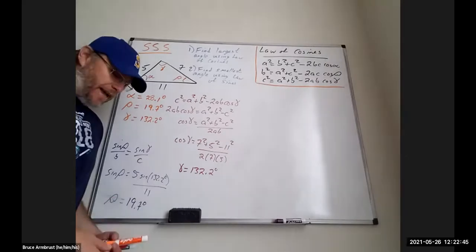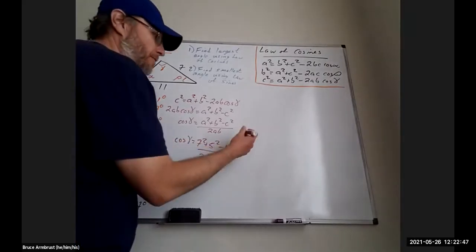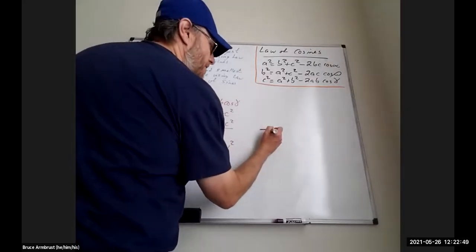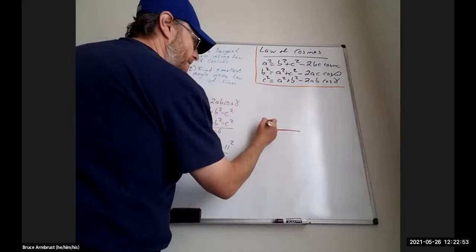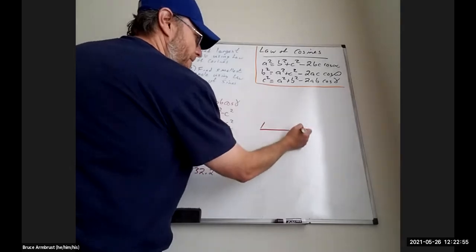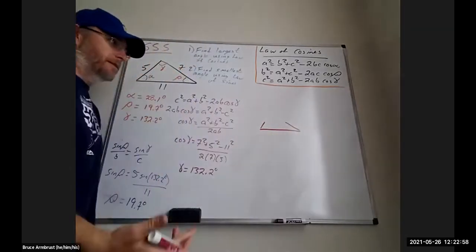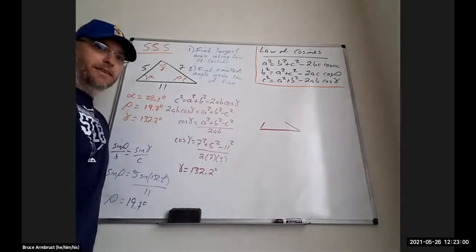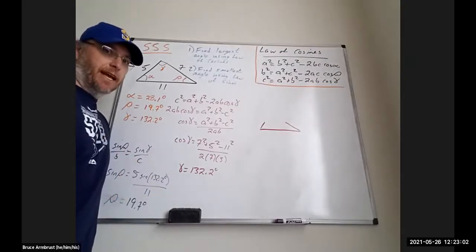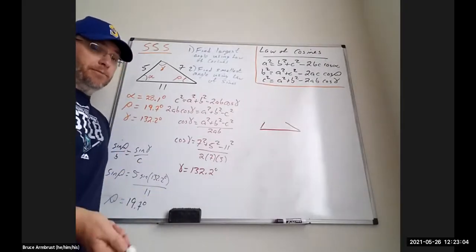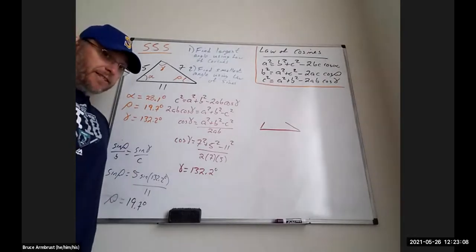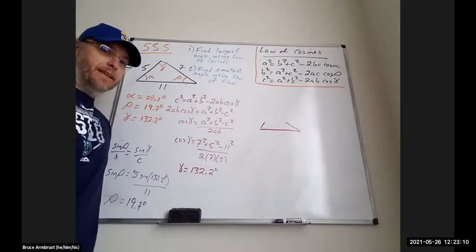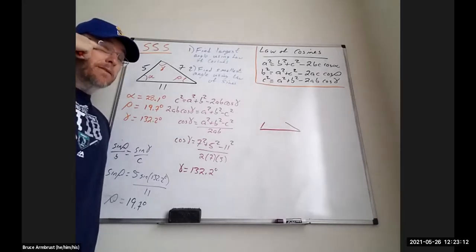What if I told you the three lengths were 1, 2, and 5? So here's my one that's of length 5. And then I'm going to have something that's length 1 and another one that's length 2. It's never going to happen. So it is possible that if someone says, solve a triangle with these given sides, that it doesn't actually form a triangle.